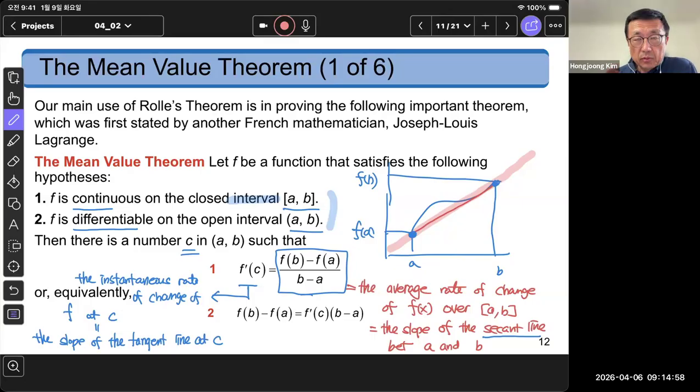So these two are the meaning of f prime at C.